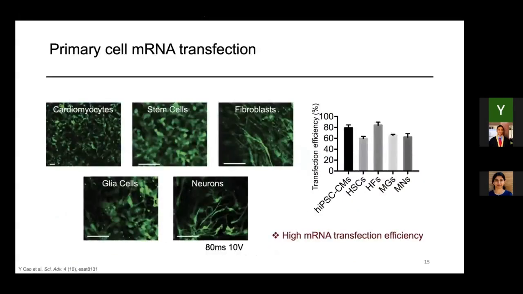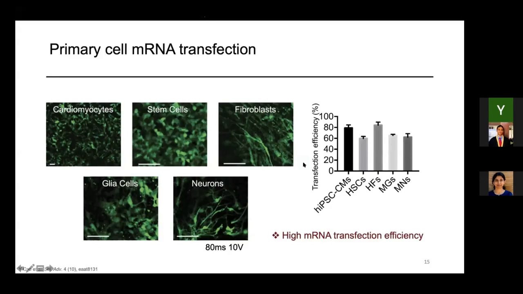Equipped with the electric field force, we are able to transfect various kinds of molecules and drive the relatively large mRNA into the cell, and we got very good transfection efficiency. In this experiment, we tested a few primary cells, like the iPSC-derived cardiac cells, human stem cells, fibroblasts, mouse glia cells, and mouse primary neuron cells.